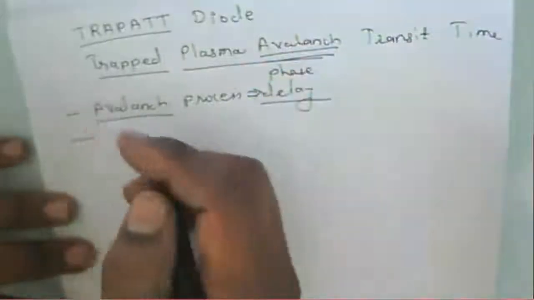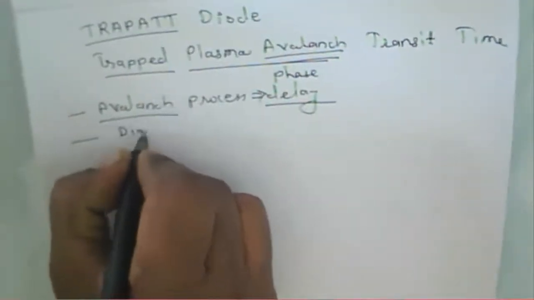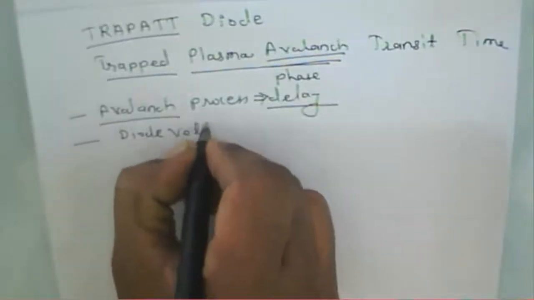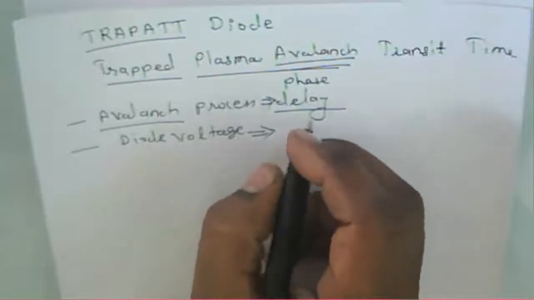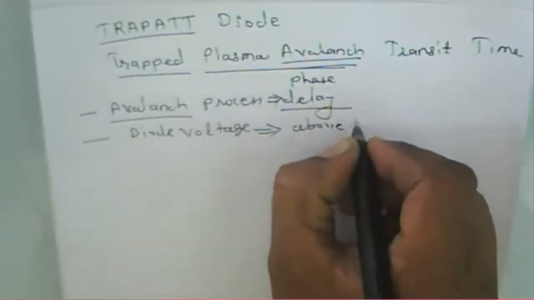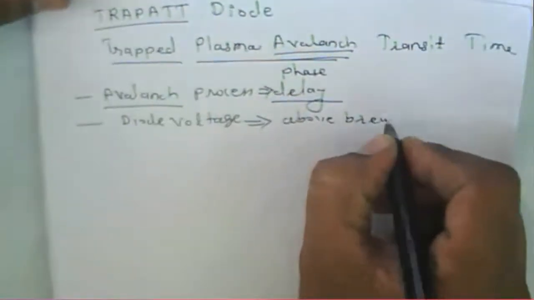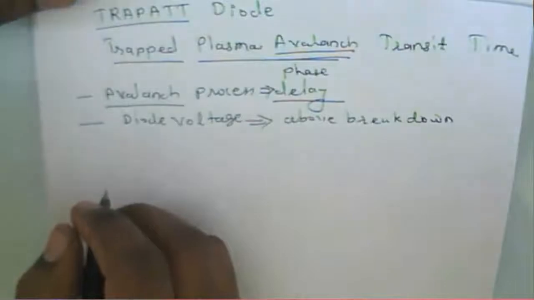The phase delay of the current changes when the diode voltage, or the bias, is above the breakdown voltage.